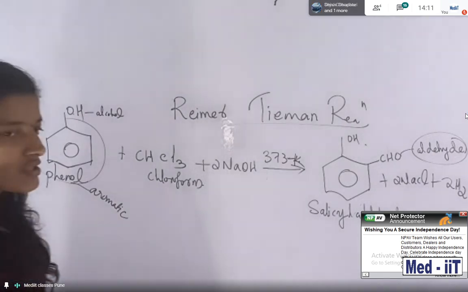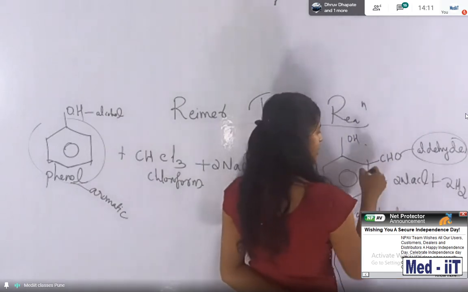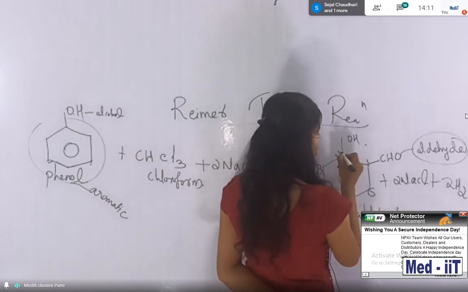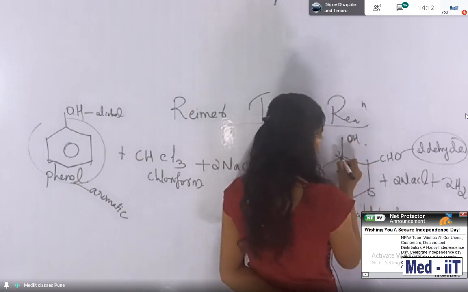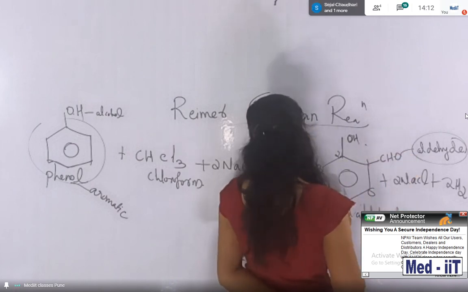So 2-hydroxy benzaldehyde means the hydroxy group is at position 2, with numbering 1, 2, 3, 4, 5, 6. So 2-hydroxy, then benzaldehyde. Aldehyde gives the root name.